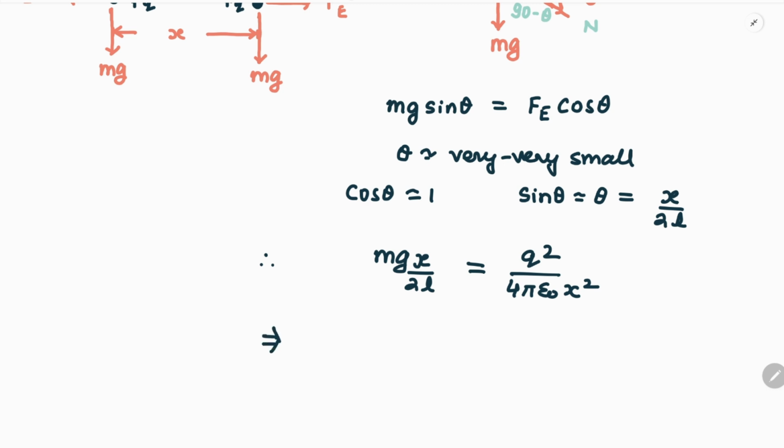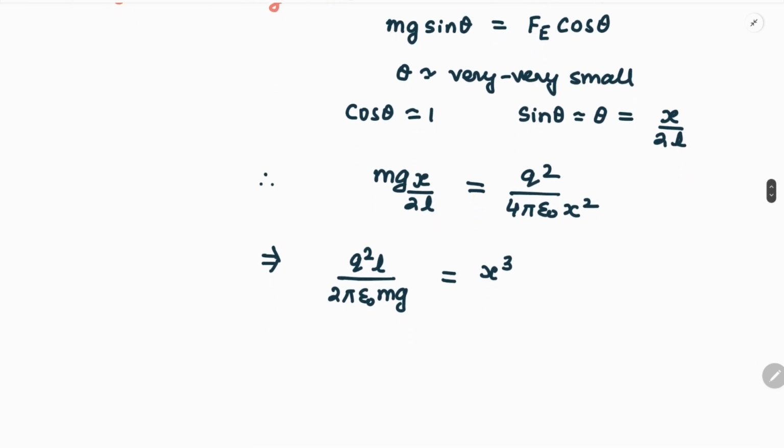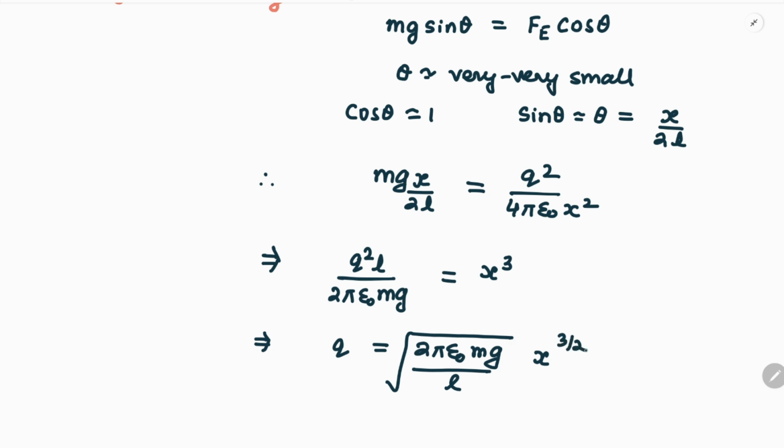So if we rewrite this equation in terms of charge q, we can write it as q square L upon 2 pi epsilon naught mg is equal to x cube. Now since the rate of charge is given to us, we can write q equals the square root of 2 pi epsilon naught mg by L, where all these parameters are constant, times x to the power 3 by 2.